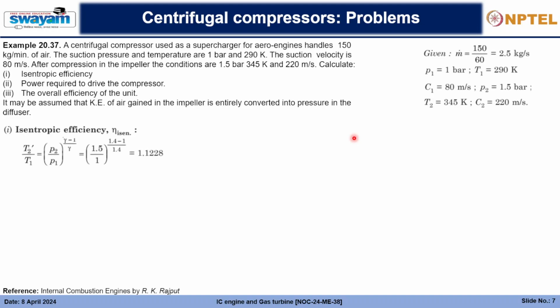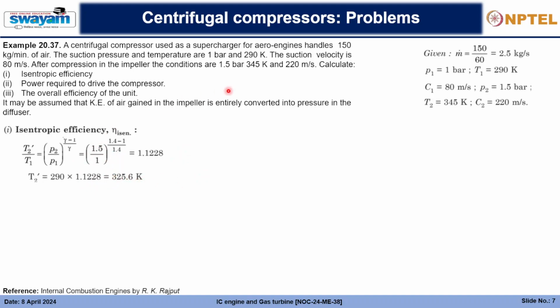Since we are given the initial and the final conditions, we can simply calculate based on the temperature ratios out here. Now T2 dash is the temperature we get through the isentropic process, but that may not be the actual temperature due to the efficiency part. So that is 325.26.